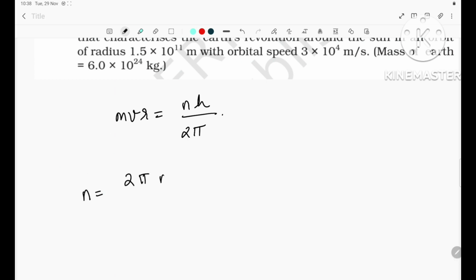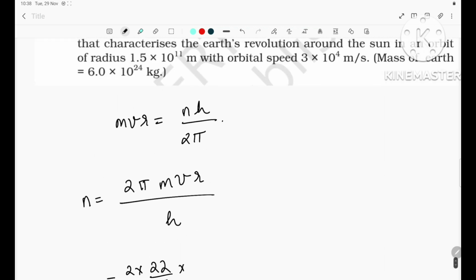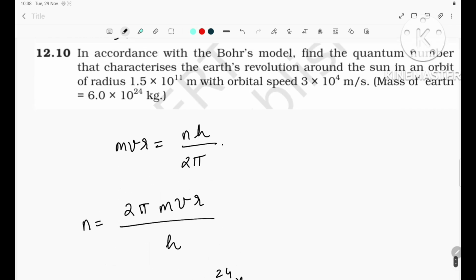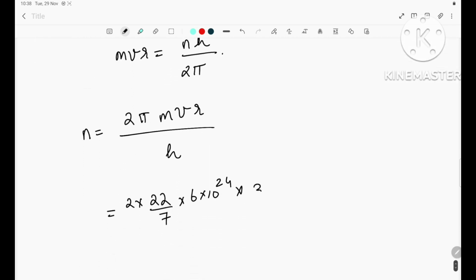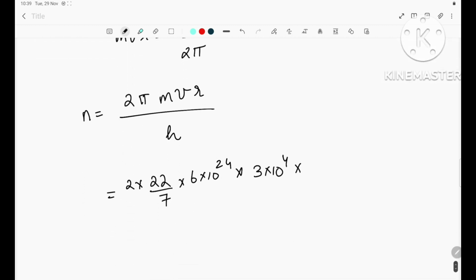So we have n equal to 2 pi mvr divided by h. So if you substitute, 2 into 22 by 7 into the mass, what was the mass given as, 6 into 10 to the power 24, into the velocity is 3 into 10 power 4, into the radius is 1.5 into 10 to the power of 11, divided by 6.626 into 10 to the power of minus 34.